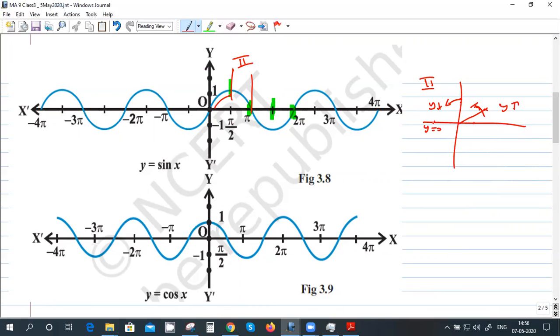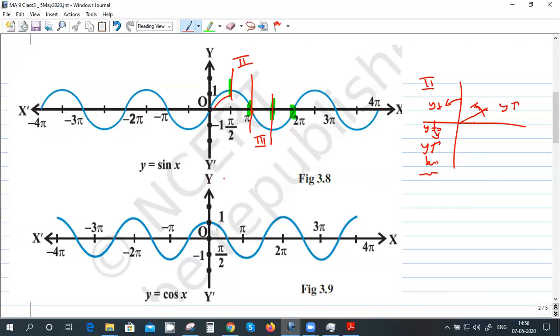Once reaching here, again y is going to increase, in the negative. It will become more and more negative. Increase but negative, that's what is happening here. The value is increasing, but it's becoming more and more negative. This is the third quadrant.